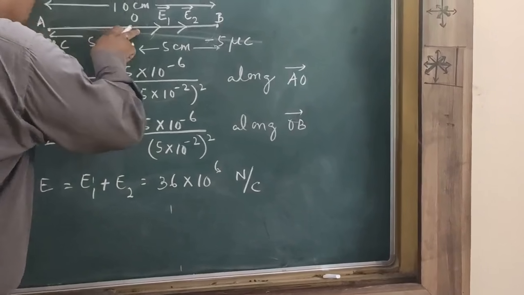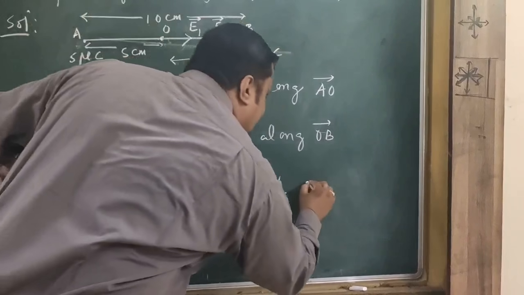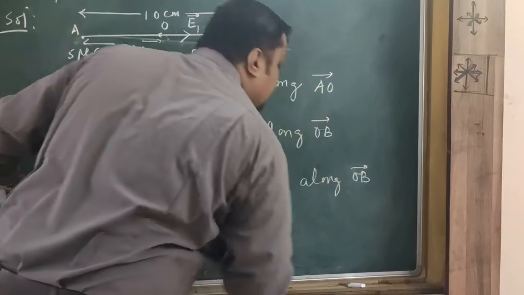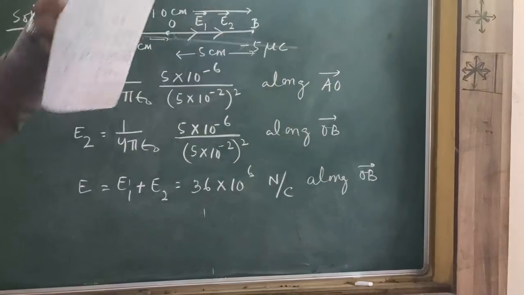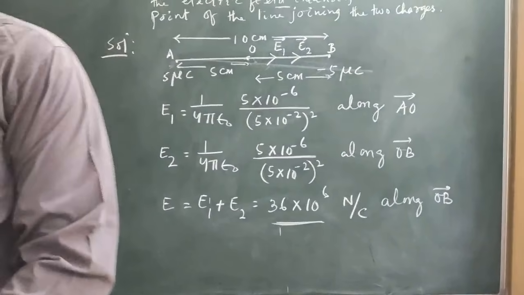See here, along AO, along OB, both are in the same direction, so you can write along OB, or you can say along AO. That is the resultant electric field. Okay.